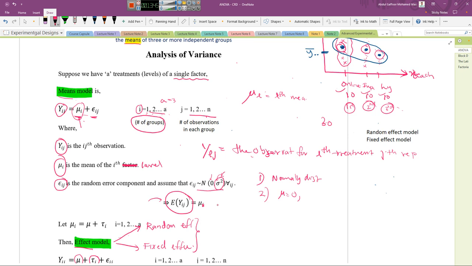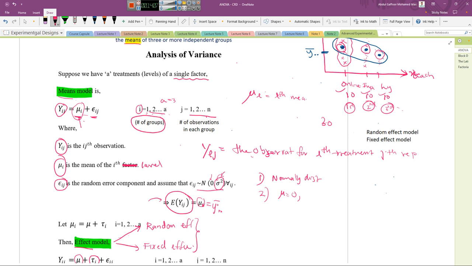So the expected value of yij is equal to mu. This is the overall mu, which we can call y double dot bar. We draw the sample from a population.